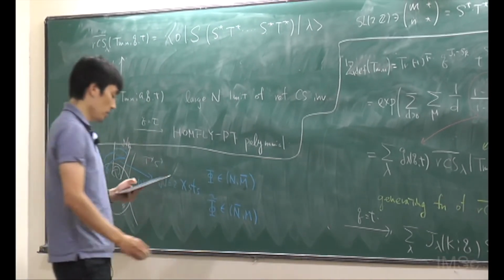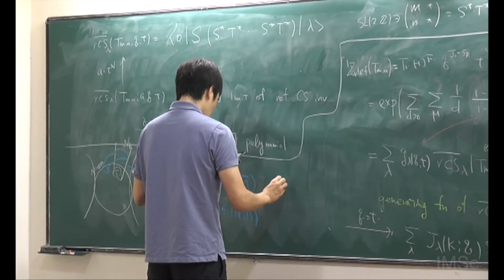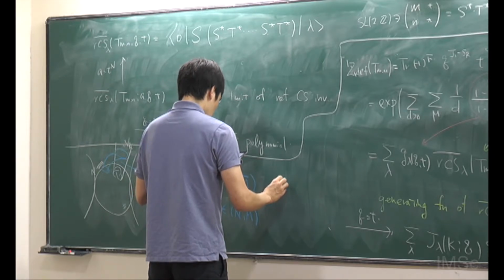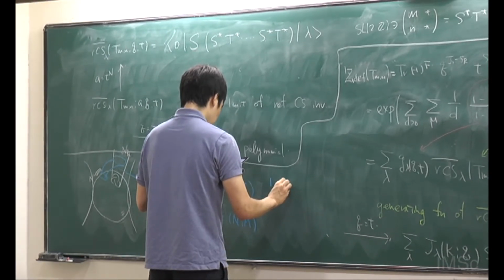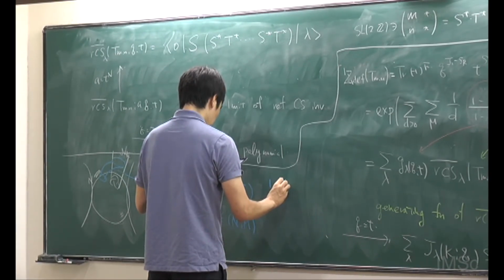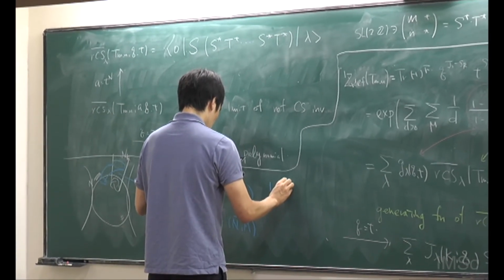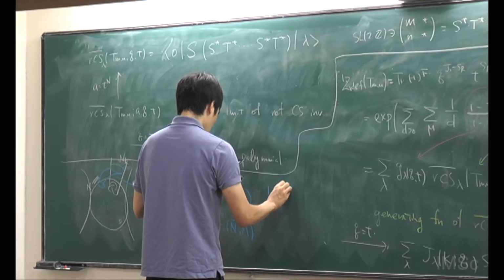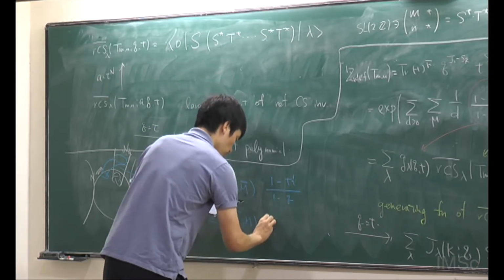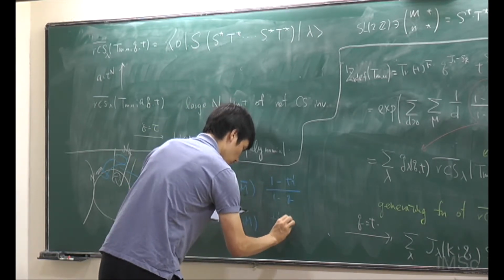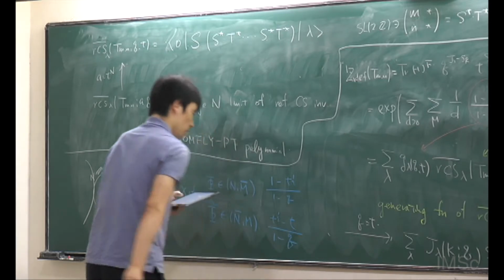And if you compute the single letter partition function, what you get is as follows. So this is 1 minus t to the half, 1 minus q, and here you get t to the one half minus t. Okay.